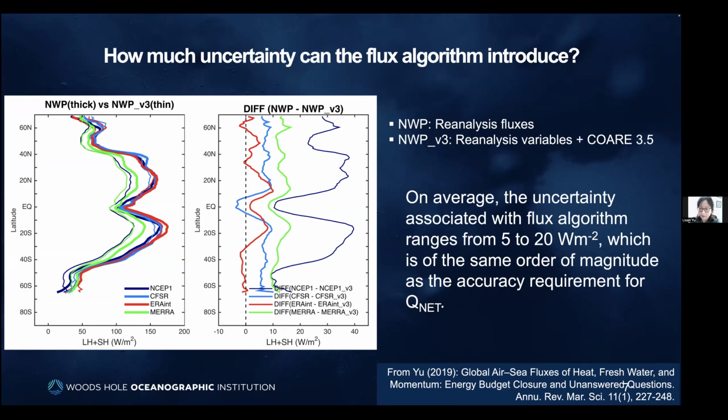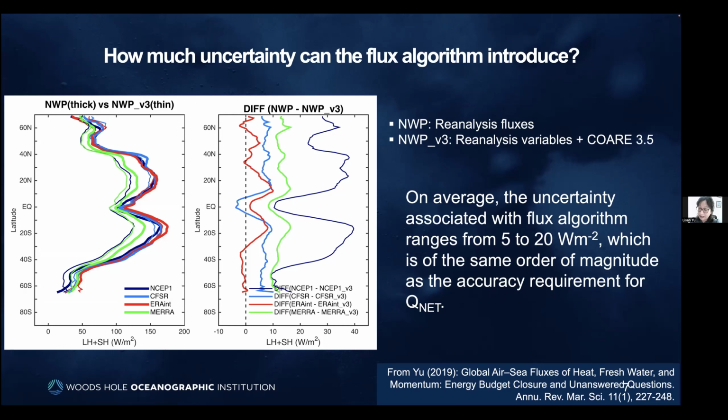So the left one compares the NWP fluxes in original format, which is the thicker line, and also the fluxes using NWP variables applied to the standard COARE 3.5 algorithms, the thin line in the same color. And that picture is pretty messy.